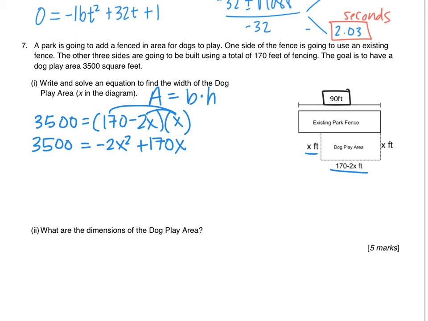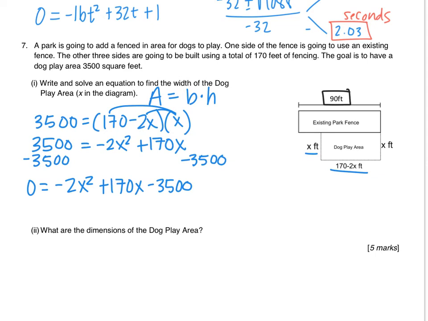We need the left side to be equal to 0, so I am going to subtract 3,500. And then I get 0 equals negative 2x squared plus 170x minus 3,500.